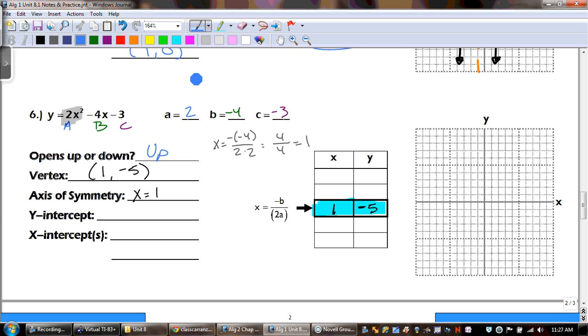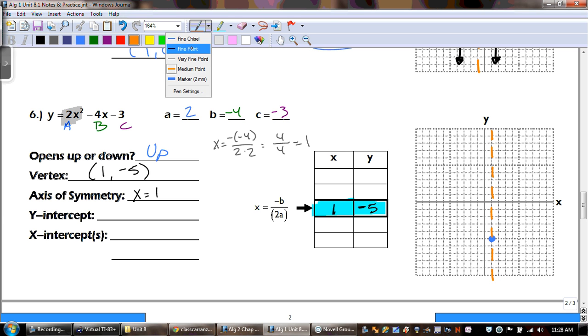So if you wanted to right now, you could go to 1, -5. There we go. And then I'm also going to draw on my axis of symmetry. Because I know this is exactly where the graph is cut in half.